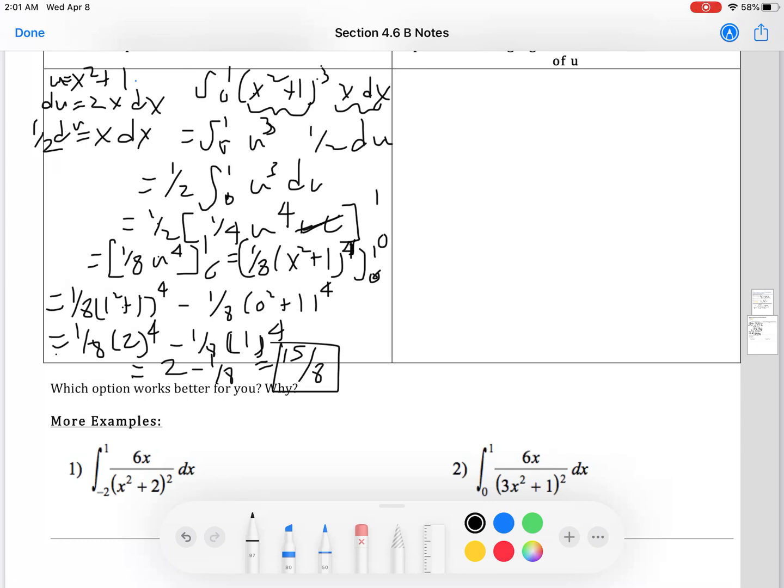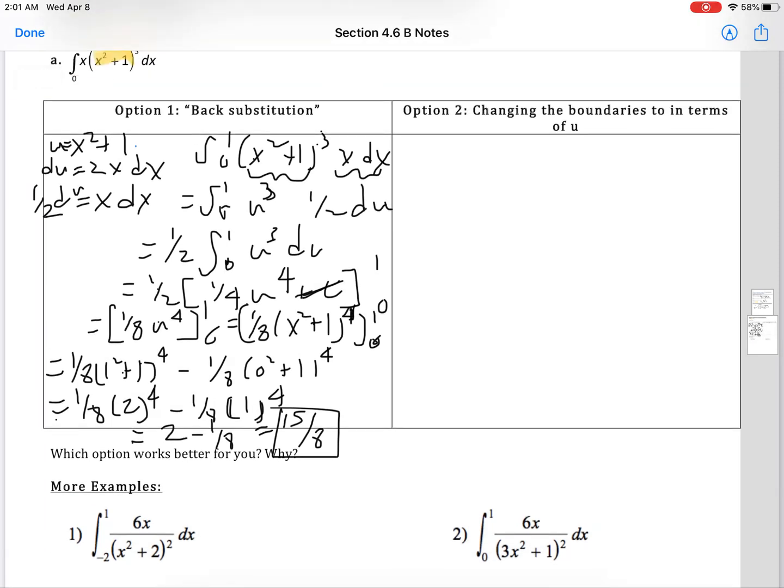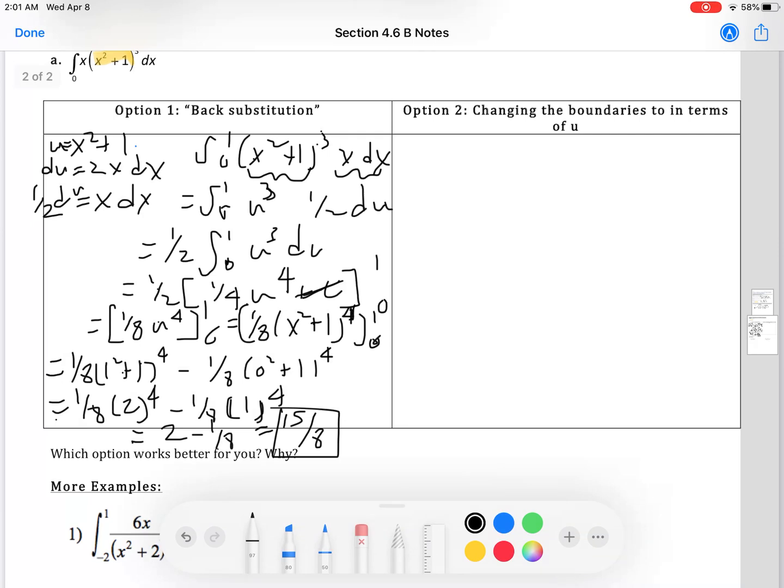But the next method is a good method that does the investing of thinking about the limits of integration at the beginning and creating an entirely new u integral. And I would say it's actually a preferred method because it takes a lot of that ugly parentheses stuff out.